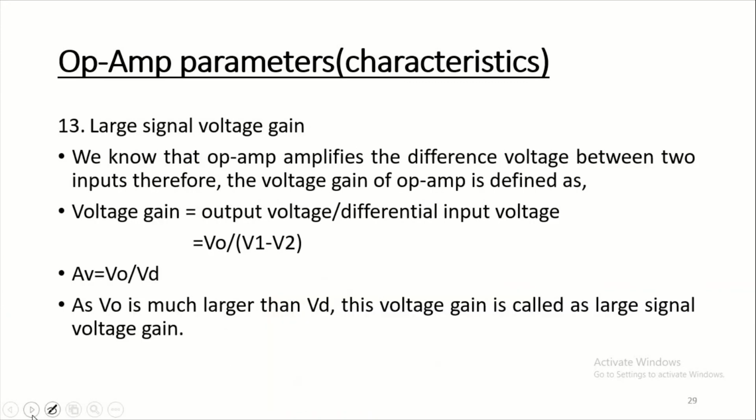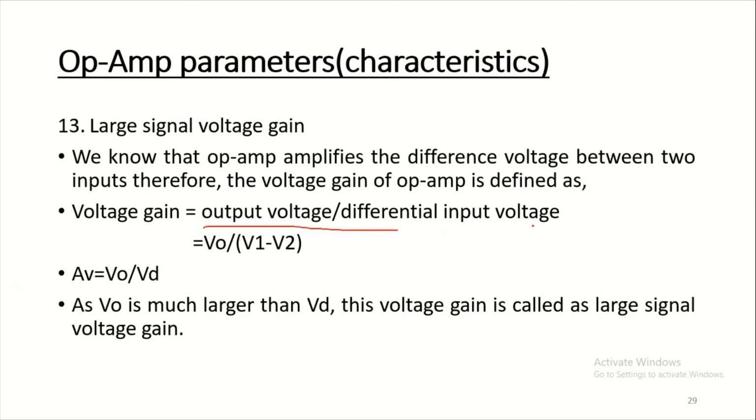The next is large signal voltage gain. We know that an op-amp amplifies the difference voltage between two inputs. Therefore, the voltage gain of an op-amp is defined as output voltage divided by differential input voltage.